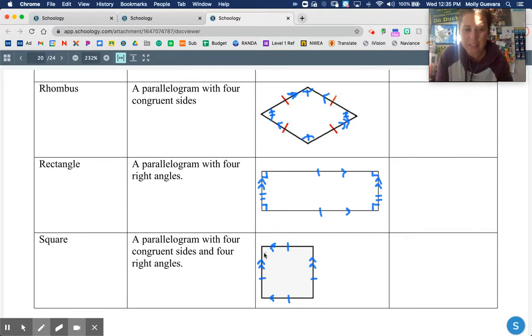But the only difference is that I also have 4 right angles. So not only are all 4 sides the same, but I also have 4 right angles. If I had all 4 sides the same, but I did not have 4 right angles, it would be a rhombus. So just having those 4 right angles is what makes it a square versus a rhombus. Okay.